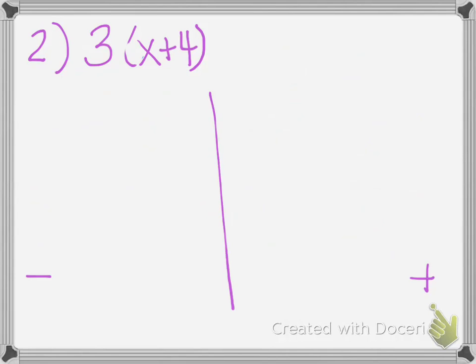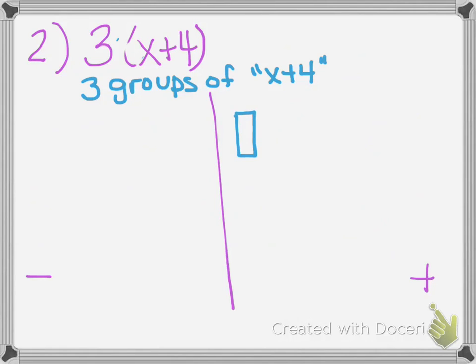So example number 2 says 3 times the quantity of x plus 4, which really means we need to draw 3 groups of x plus 4. So one group of x plus 4 would be a rectangle and 4 dots. Go ahead and draw 2 more groups just like that.